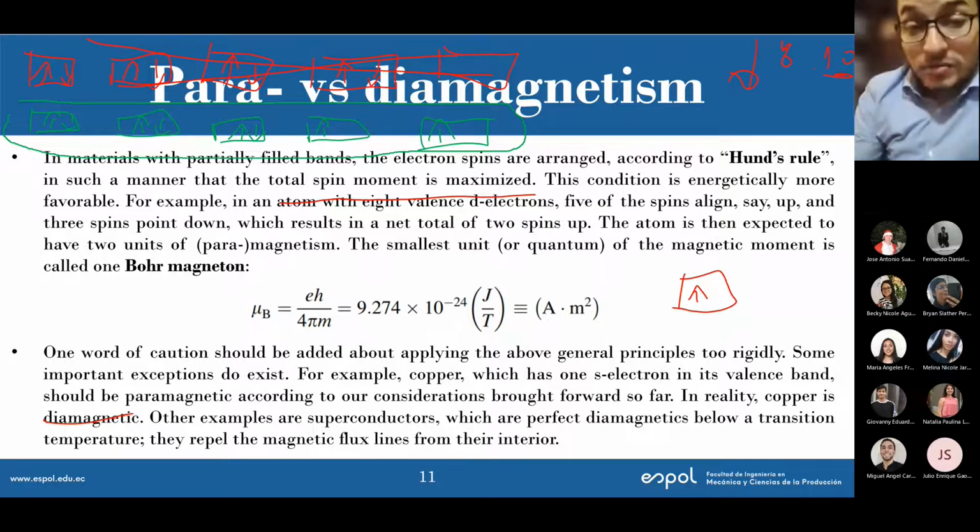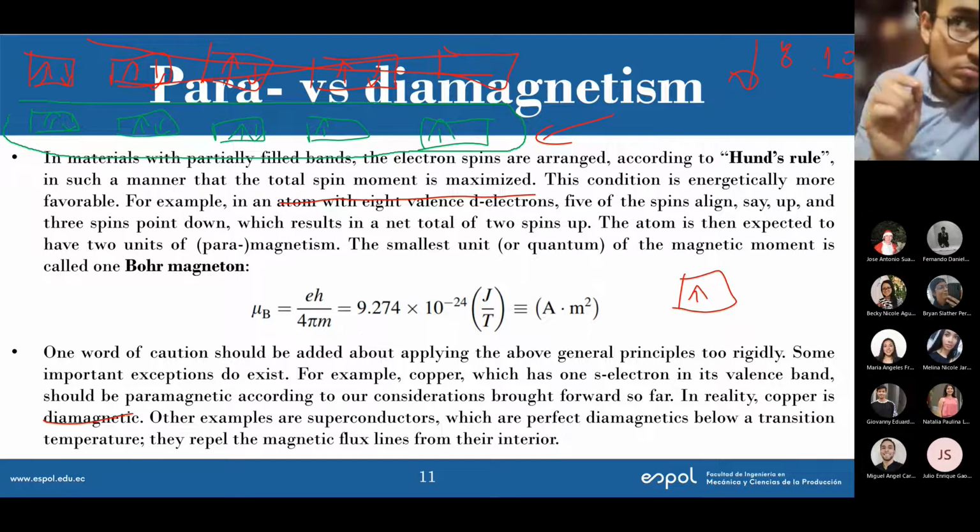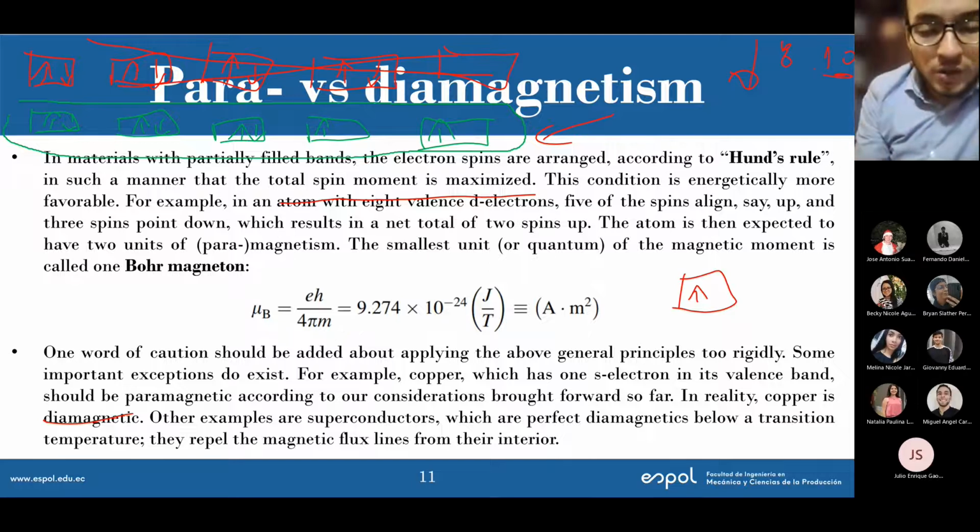Even though, if you were to draw the spins, depending on the superconductor, there will be one or two net magnetic moments left per atom, so Bohr magnetons per atom.